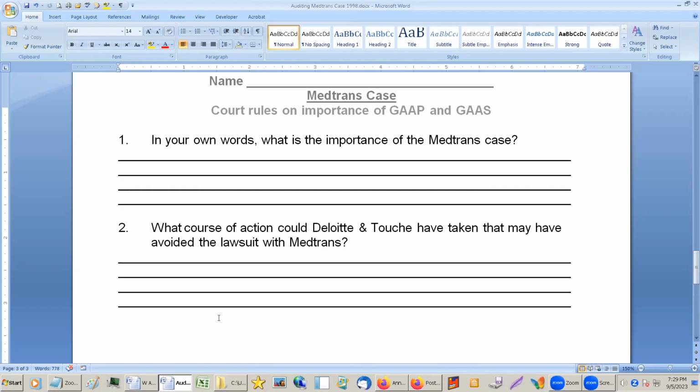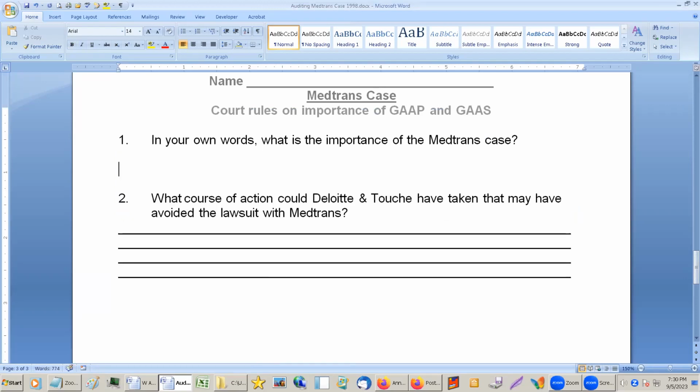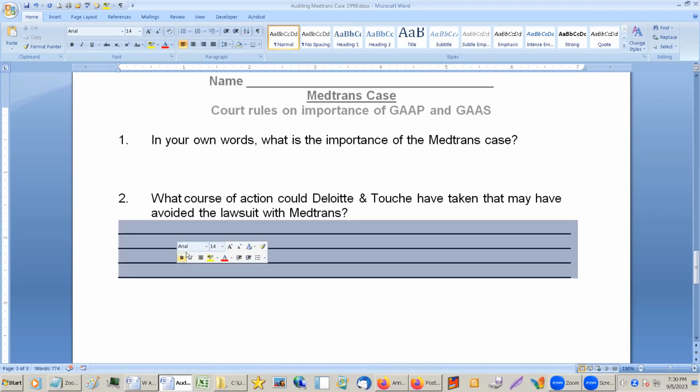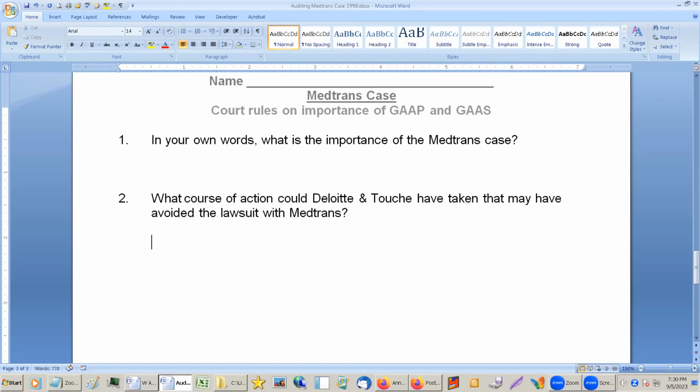Anyone? They could have issued maybe an adverse report or a disclaimer report. Absolutely. Now, it would have to be an adverse report. I'll tell you why in a second.